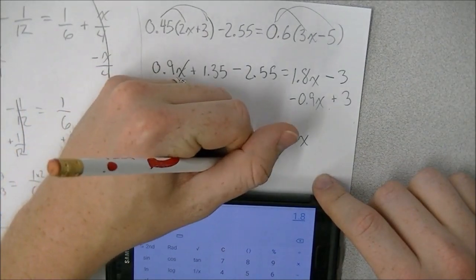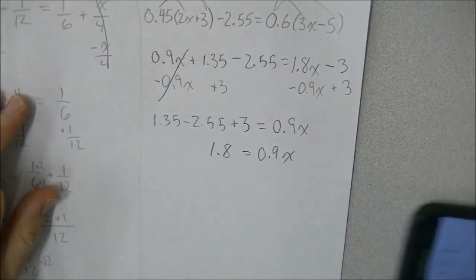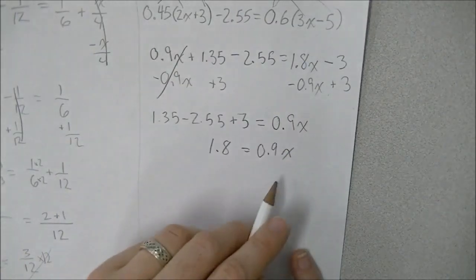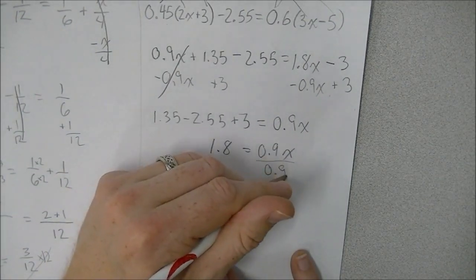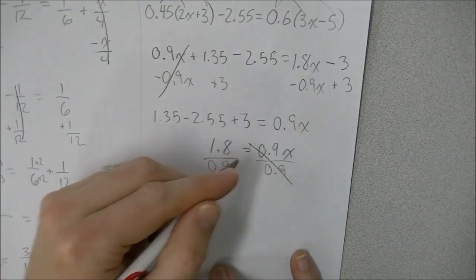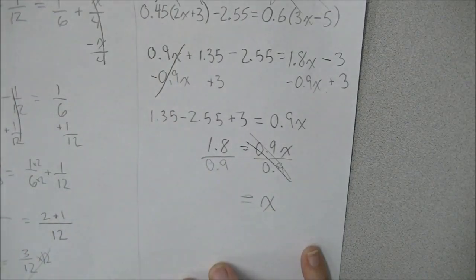1.8 is equal to 0.9 times x. Okay, so now I have 1.8 and 0.9x. This is multiplication here, so I'm just going to divide by 0.9 on that side and 0.9 on this side. We cancel out over here, so this is going to be x, which is good, that's what we're hoping for.